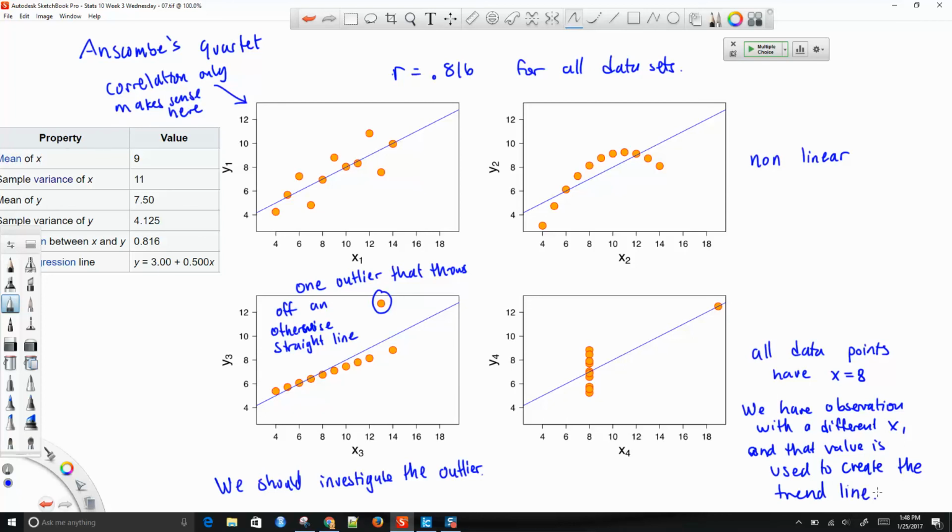Okay, so that would be a terrible thing to do, but you'll be surprised how often something like this is committed, where you have very few data points in a certain region, and based on those very few data points, people are making conclusions or something.